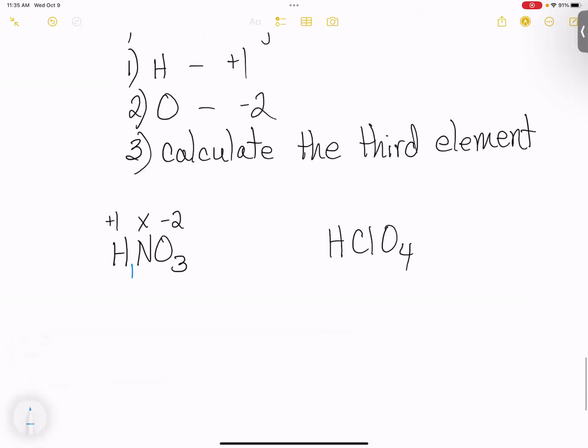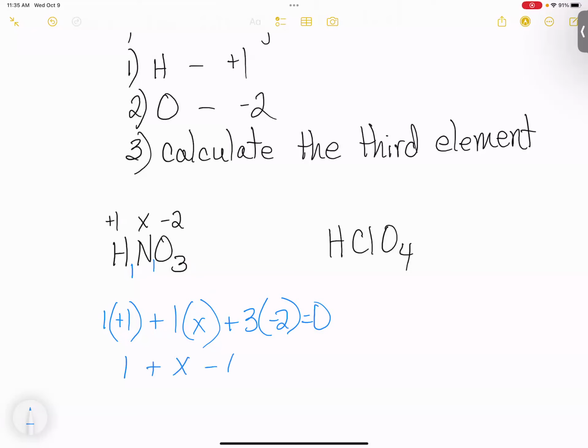We have 1 hydrogen times a +1. We have 1 nitrogen times X. And we have 3 oxygens times a -2, and that is set equal to 0. 1 plus X minus 6 equals 0.